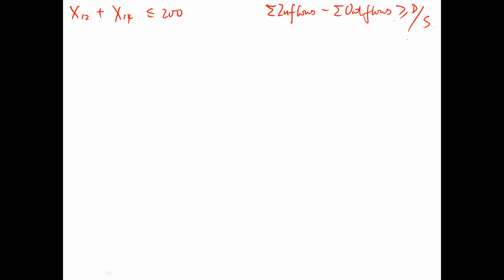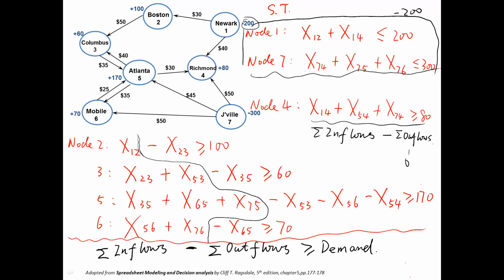Okay, and we know the supply is 200, and we can use a negative value, which is negative 200, to represent the supply. Here these two are outflows, right?